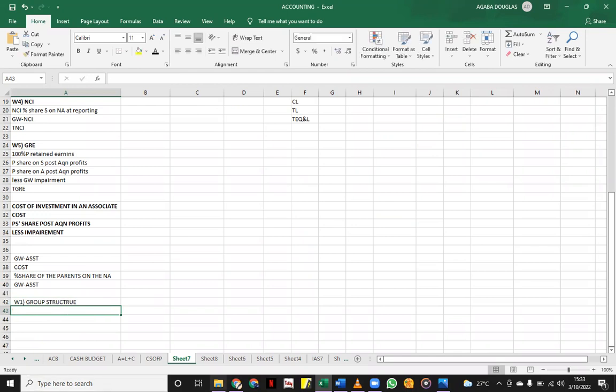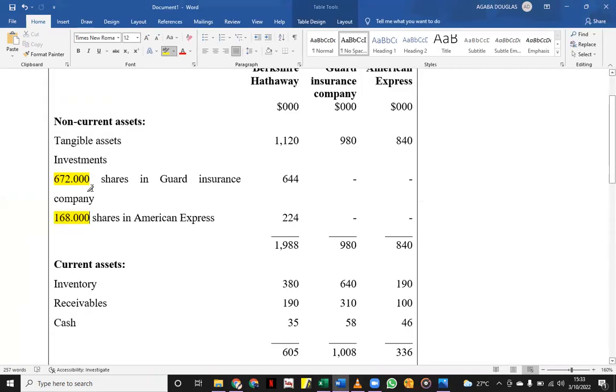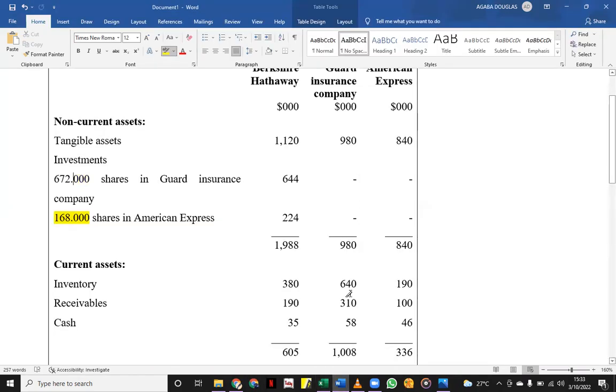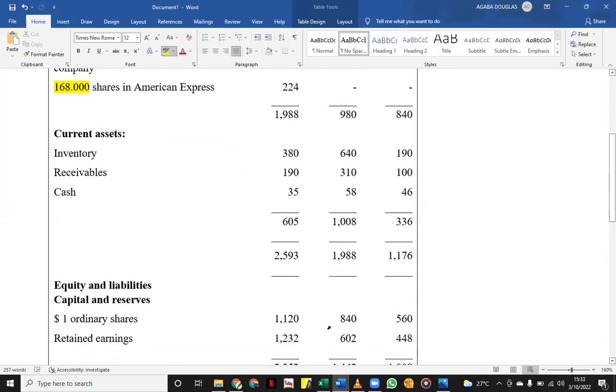So we will select the 672,000 shares, and then we divide by the shares that are in Guard Insurance, which are 840,000.